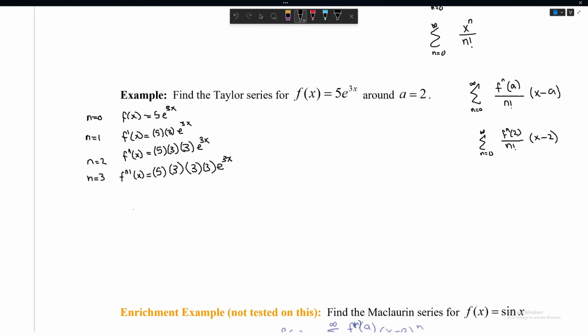Okay, so for my f^(n) at 2, well, first actually, let's plug in our 2. So f at 2 equals 5 e to the 6, and then the first derivative at 2 equals 5 times 3 times e to the 6, and so on.